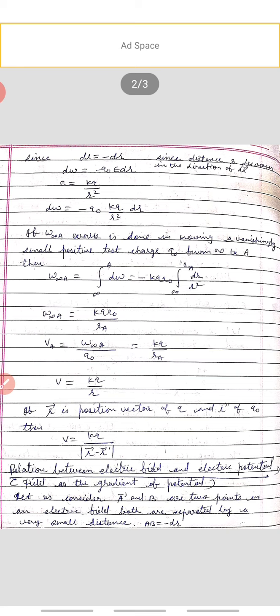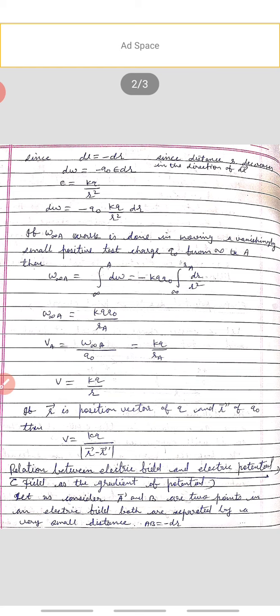Now the next topic is the relation between electric field and electric potential, or we can say the field as the gradient of potential. Let us consider A and B are 2 points in an electric field, both separated by a very small distance.